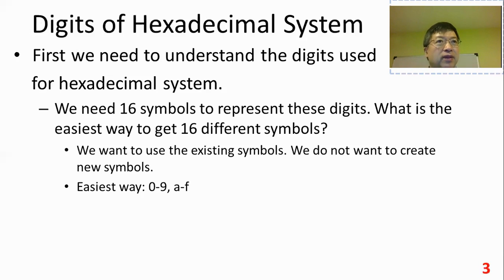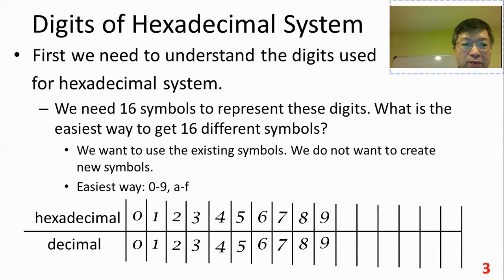English letters from A through F. That's simple. That's the simplest possible way we can get 16 symbols, right? All right, so now we have 16 symbols.